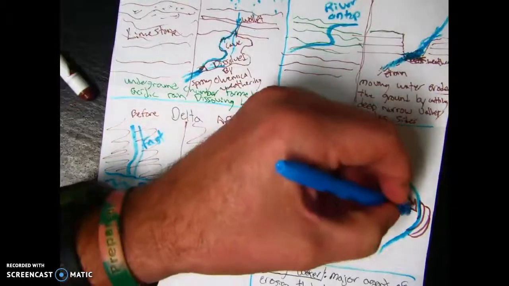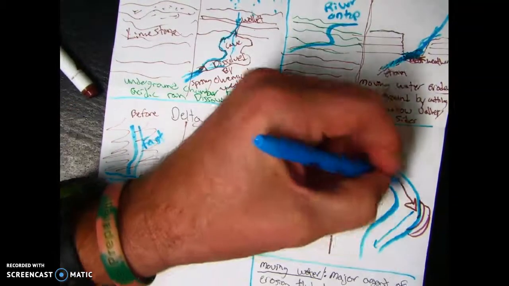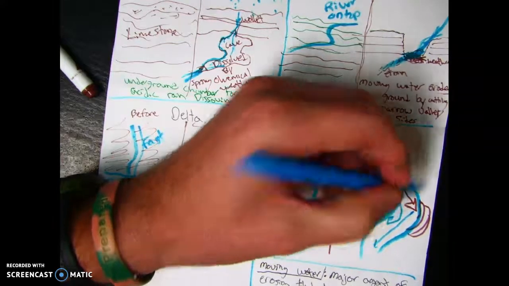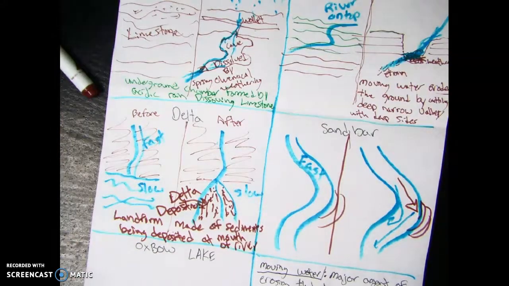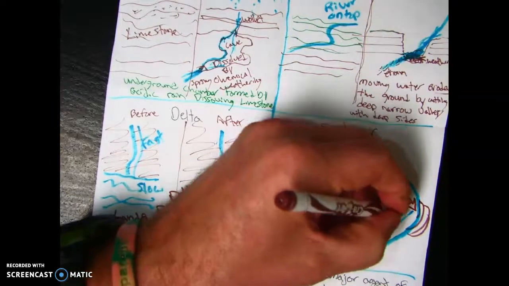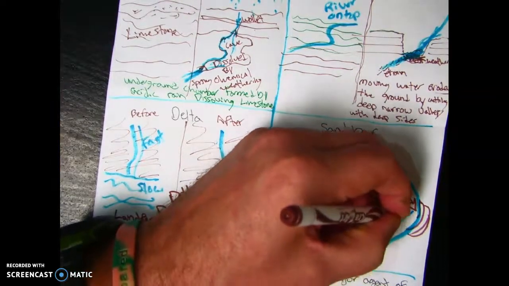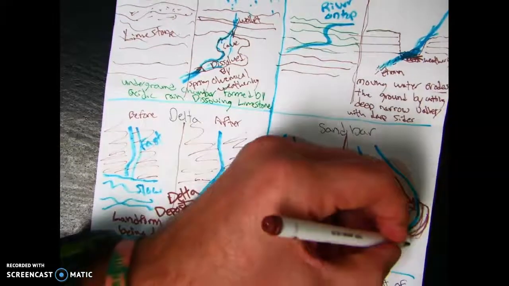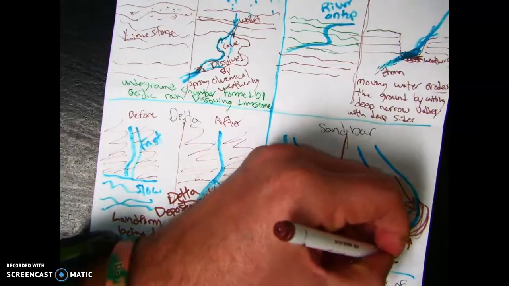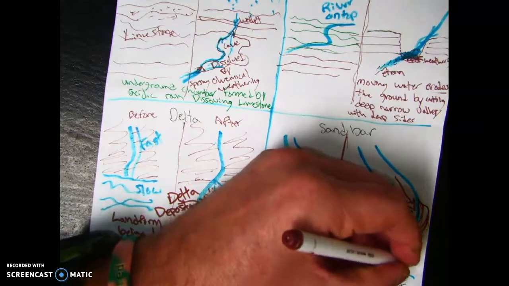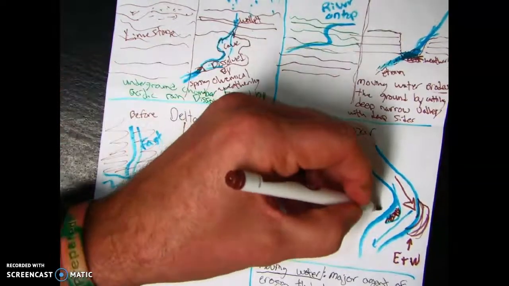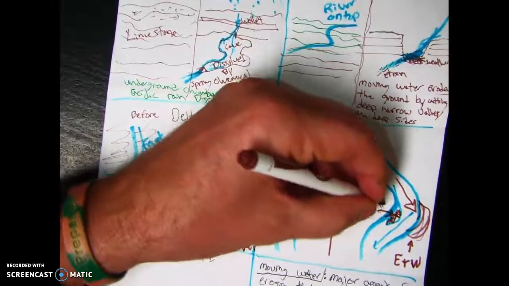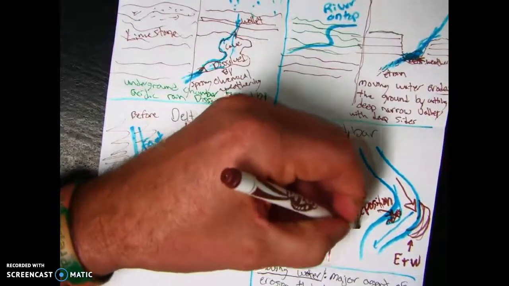So when water runs into the wall, this water has to turn and come back, and it slows down right here. And so you are going to end up with deposition. Okay, so here we're having erosion and weathering. Here you're going to have deposition. And that's a sandbar.